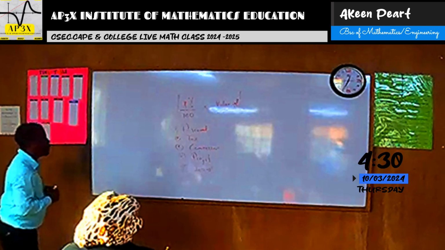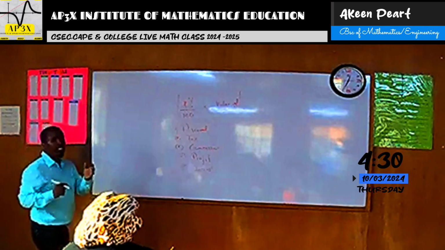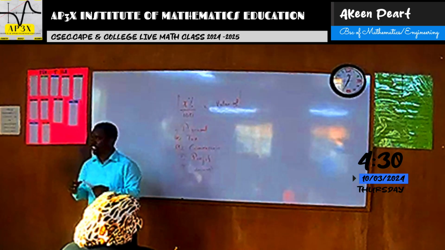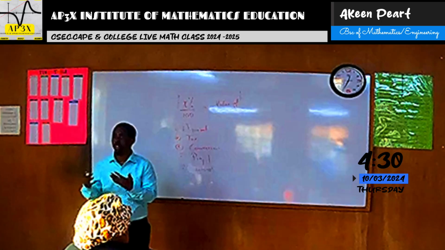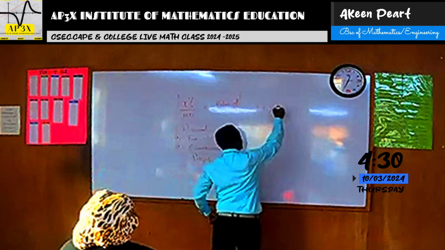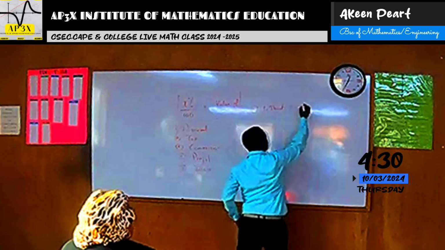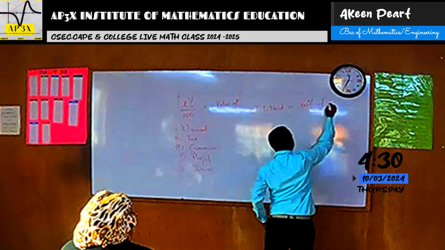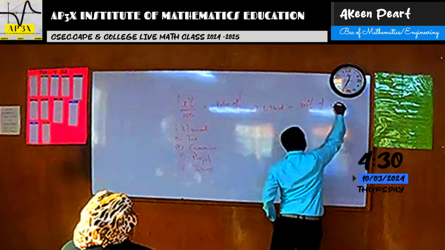Now, the most basic form of percentage is when they give you the percentage as a whole number. Let's start off with this example. What is 30% of $150?